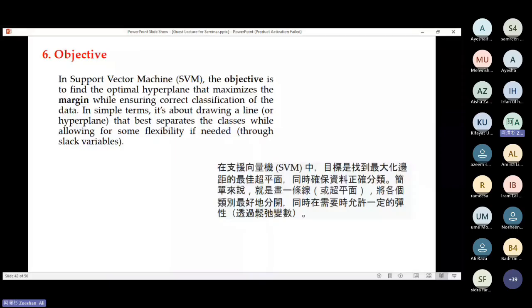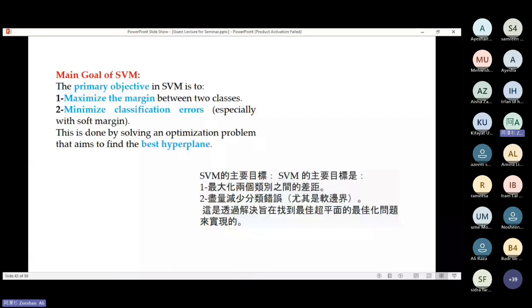So the main goals of the support vector machine are as follows. First, maximize the margin between two classes to accurately separate them into different categories. And second, minimize classification errors, especially with a soft margin. This is done by solving the optimization problem that aims to find the best hyperplane.